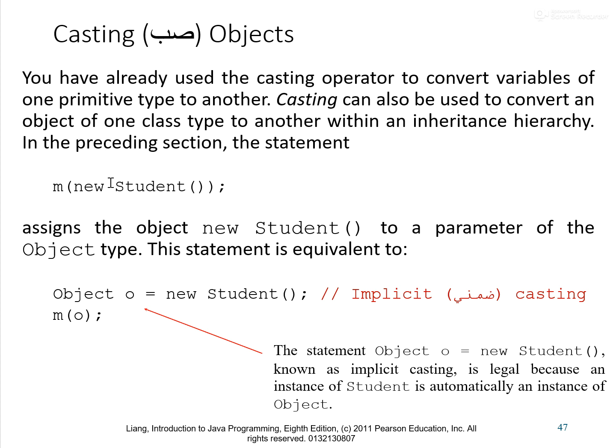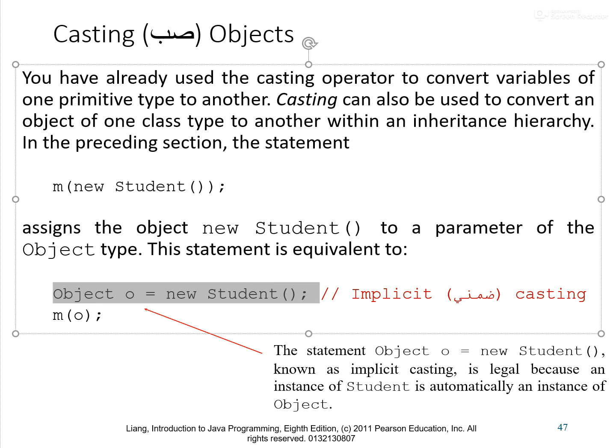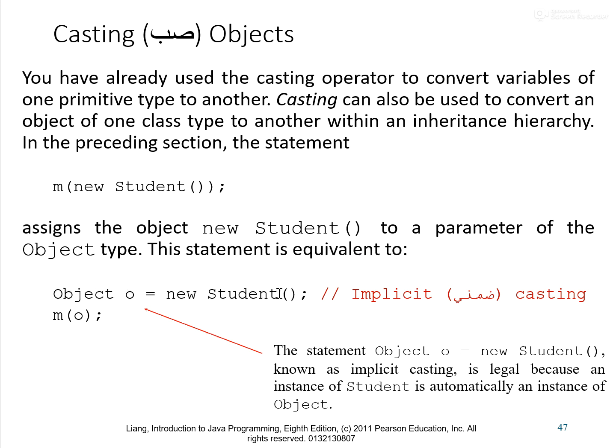Let's say we have a class Student, and we create an object of type Student. Usually we assign it to a reference of the same type as the class, so we would write Student o equal to new Student.